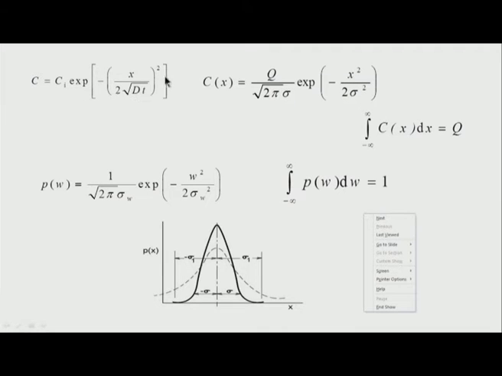Rather, this diffusion equation which gives the concentration at a distance x at time t is somewhat similar to the Gaussian distribution function. Further, the integral of the concentration C(x) dx from minus infinity to infinity is equal to Q, and this is somewhat similar to this.